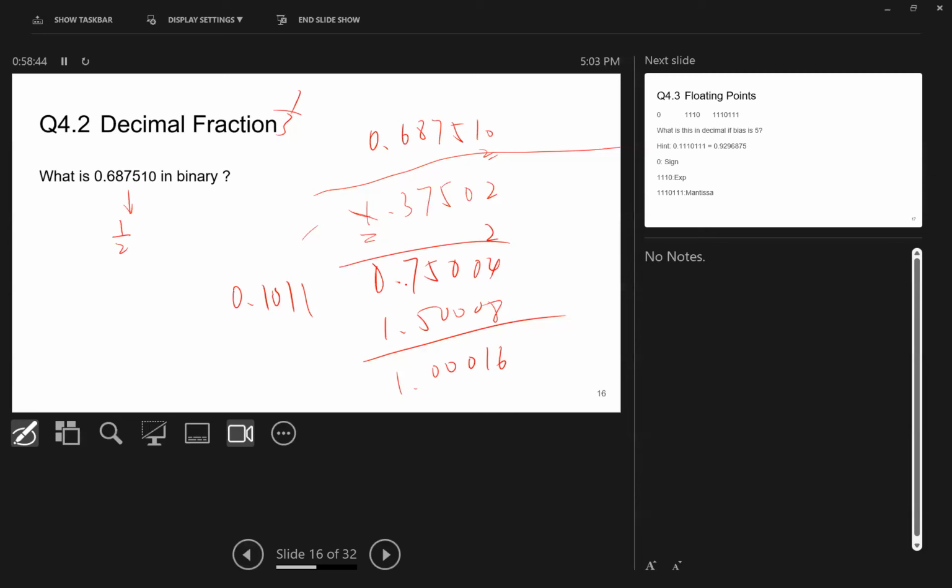I just want to mention this phenomenon. But actually, in quizzes, I don't think the professor will ask you to transform decimal fractions to a circulating binary. You don't need to worry about this. I just want to give you these ideas.